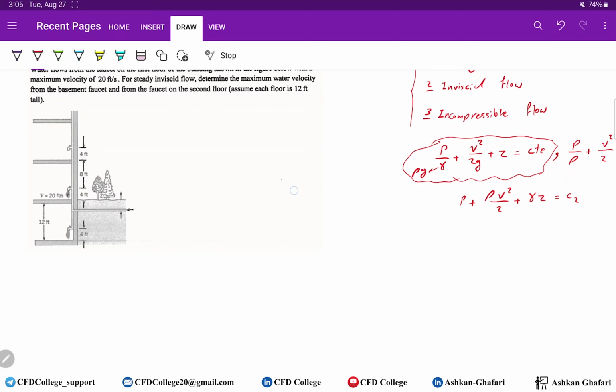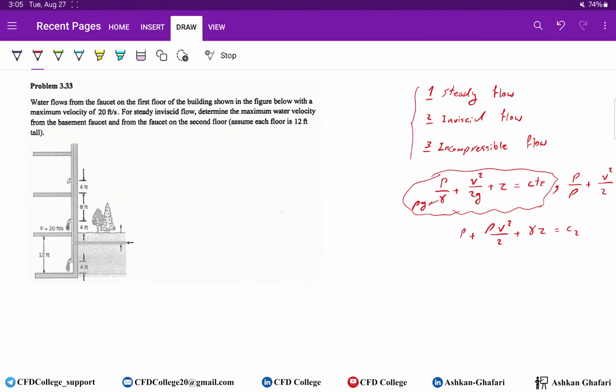Okay, let's solve the first problem, number 33 of chapter 3. Here you can see a building, and water flows from the faucet on the first floor of the building, shown in the figure below, with a maximum velocity of 20 feet per second.